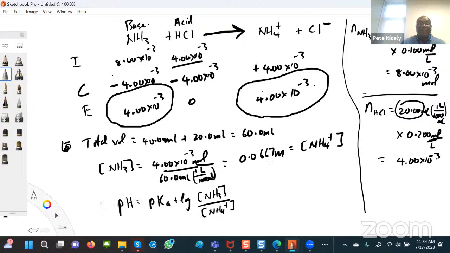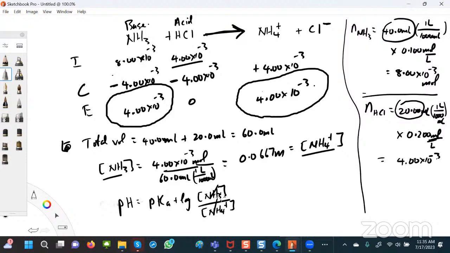But since the concentration of NH4+ is equal to the concentration of NH3, these two will cancel out. So you're going to end up with log of 1 here. And can anybody tell me what log of 1 is? Come on, you should know this from your algebra. 0. Exactly. Log of 1 will be 0.